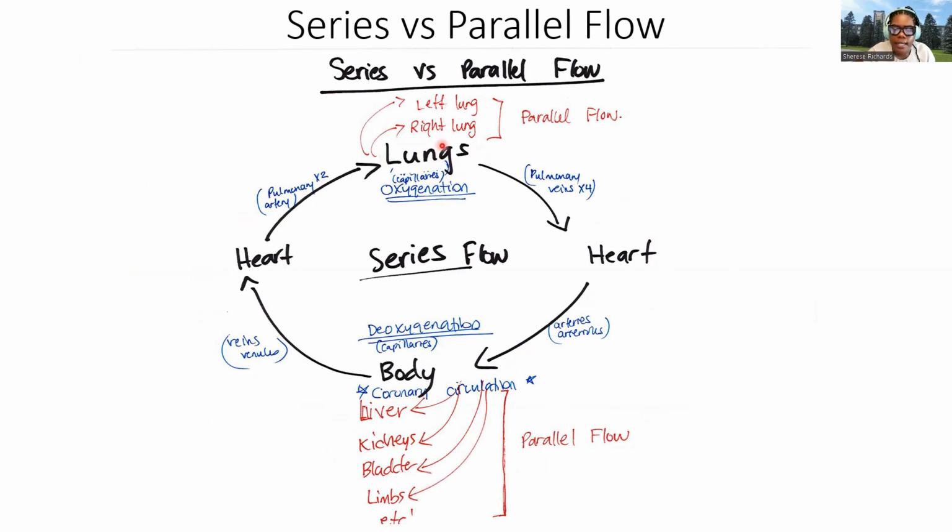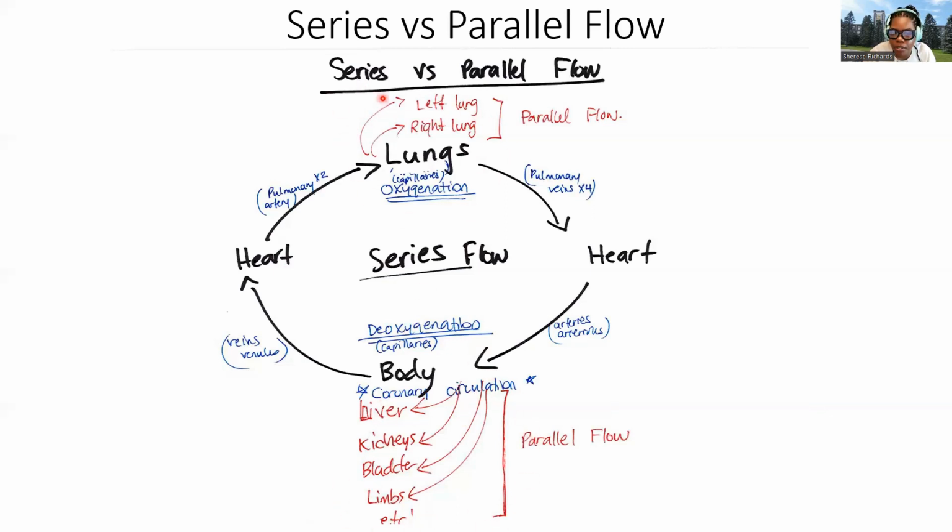However, if you look at the circulations more closely, blood within the systemic circulation is considered to be moving parallel because some of it goes to your liver, some to your kidneys, some to your bladder. So when blood leaves the left ventricle, it takes an optional route to supply all of your organs equally. And so this can be said to be parallel.